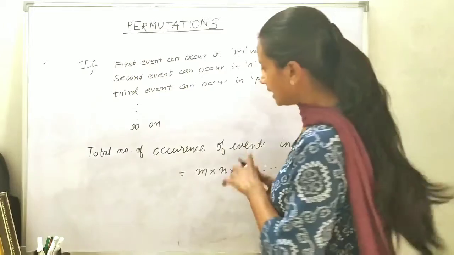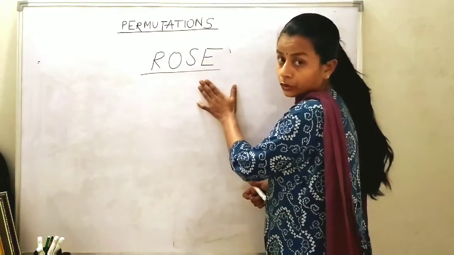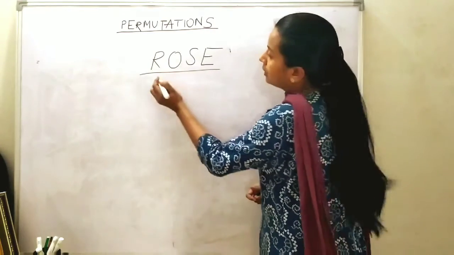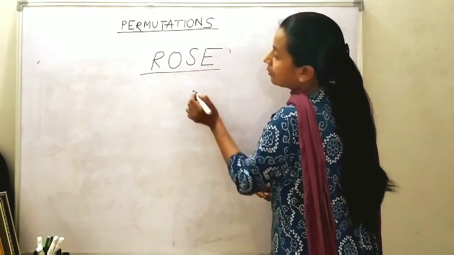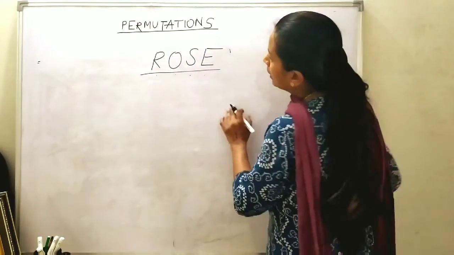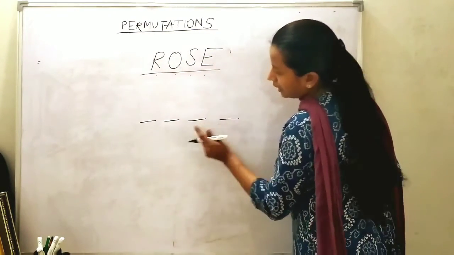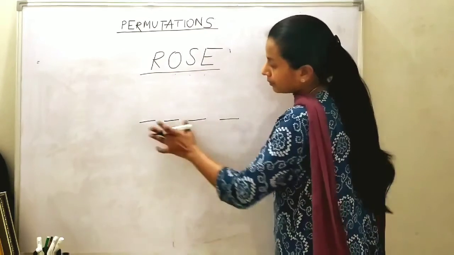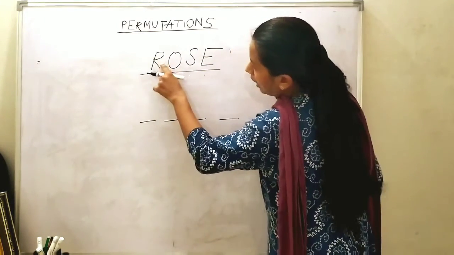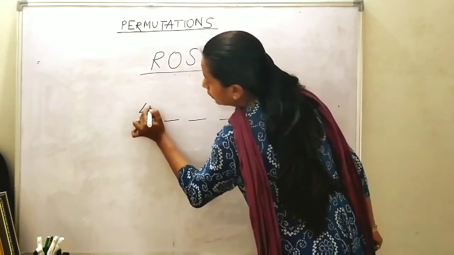Okay, let's take an example. The word ROSE. Now how many words can we make with these letters when there is no repetition? So we have 4 places, one for each letter. For selection of the first, we have R, O, S, E, all letters, so 4.